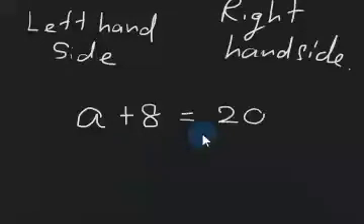Here, this is the left hand side of the equation. This is the right hand side of the equation. So, when we solve this equation, first thing you have to isolate this unknown term in left hand side of the equation and remove all the other things from the left hand side or move them to the right hand side.